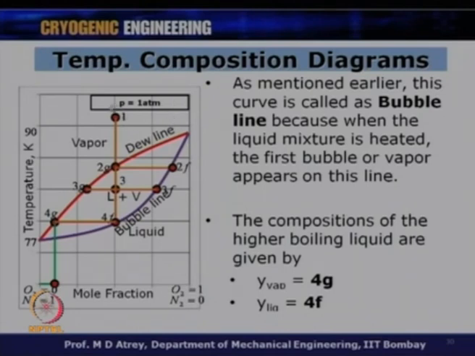So, the initial molar composition is what will decide your relative molar compositions at different vapor and liquid lines. All right. This is a very important thing to understand. One should be very clear about this dew line and bubble line, the vapor compositions and the liquid compositions. There are the respective 4G and 4F points, which will give you the vapor composition and the liquid composition of the mixture at this point.